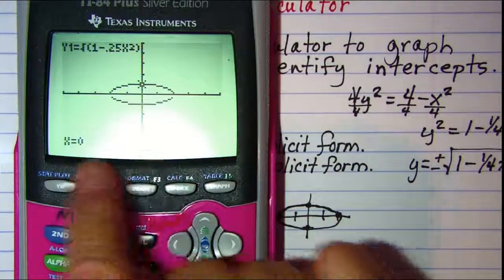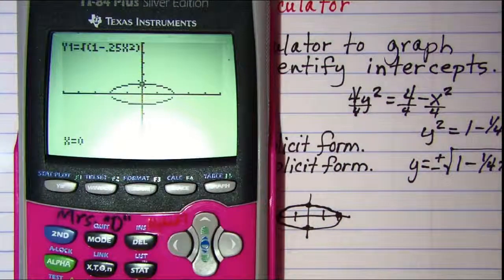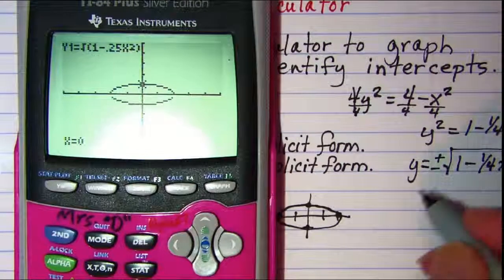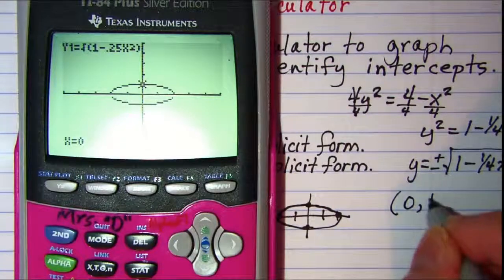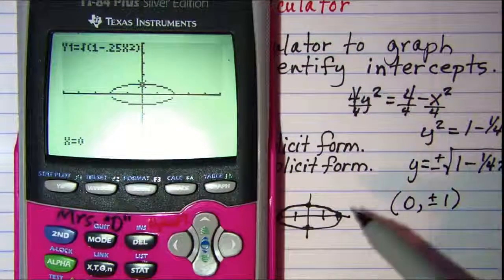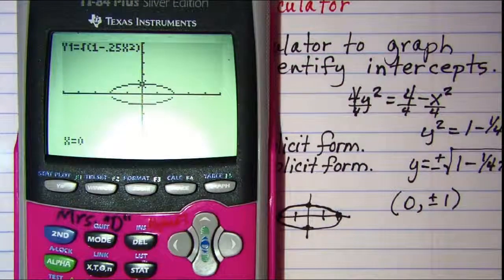And we say that when x is 0, y is 1. So we have intercepts of 0 and plus or minus 1, since this is symmetric with respect to the x-axis.